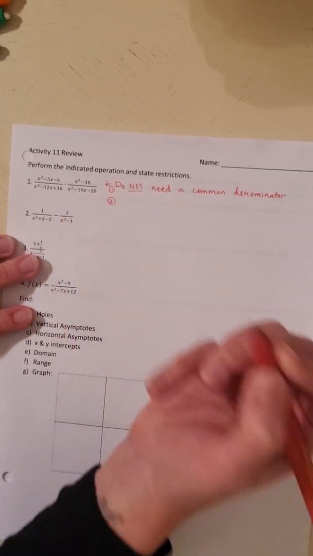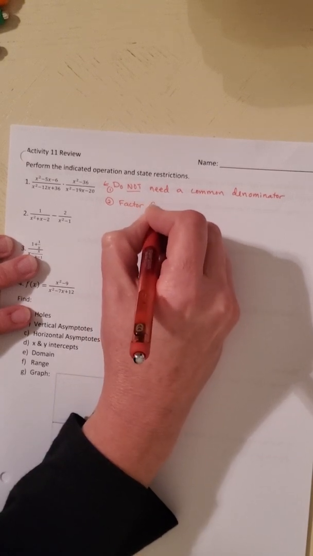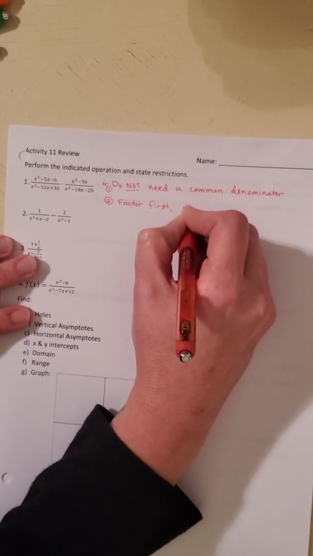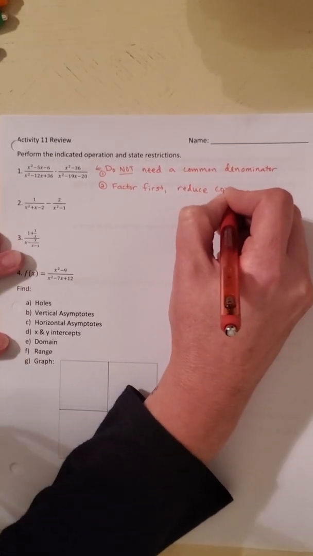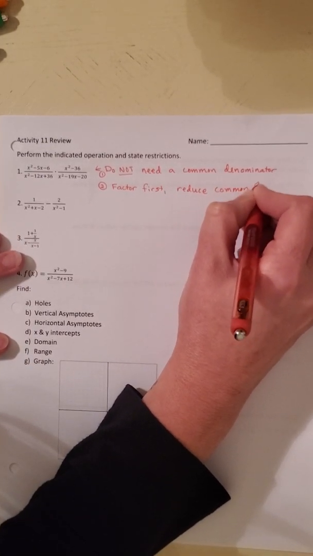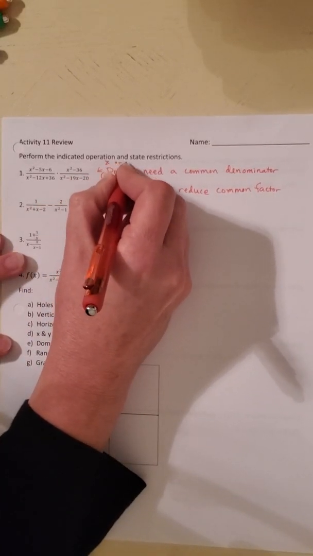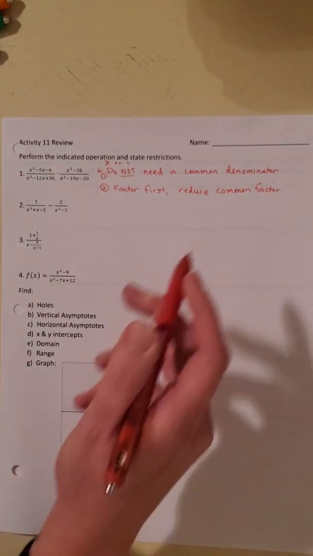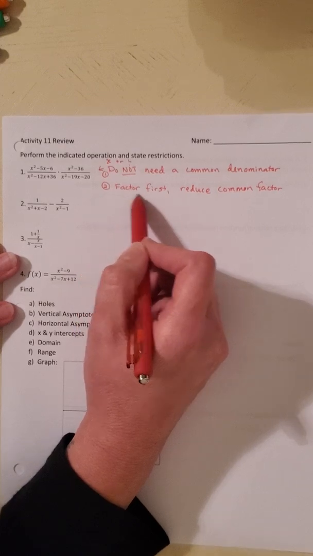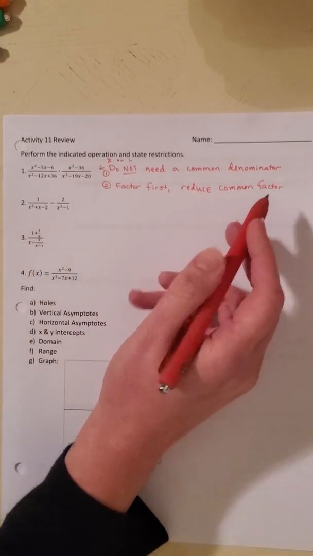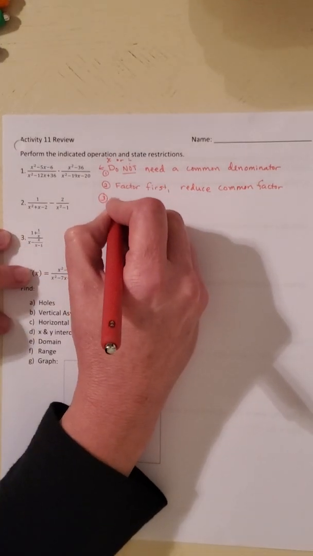Number two, you do need to factor first and then reduce common factors. And this is for both multiplication or division. All right, this is the same steps for both. So you don't need a common denominator. You do need to factor first, then reduce the common factors, and then the third step will be to simplify.